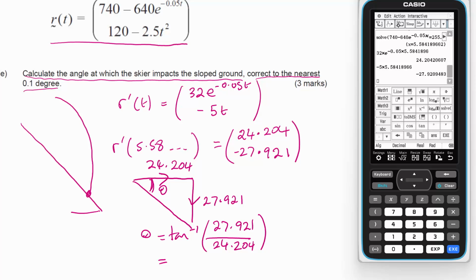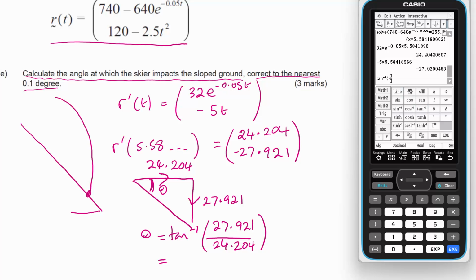So, go for trig, and we're in radians. Degrees will probably be better here. So we want the inverse tangent, and we're going to use this value here divided by this value here. And that gives me 49.08 degrees.